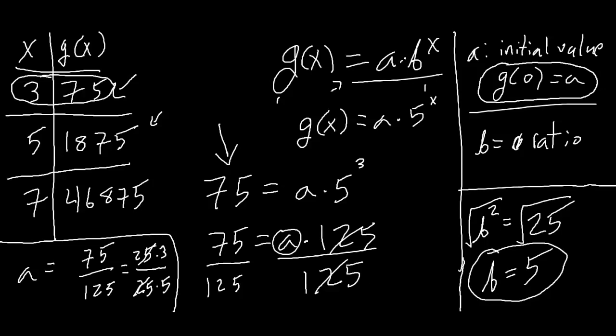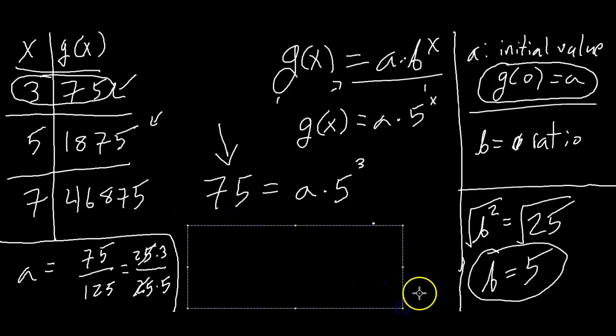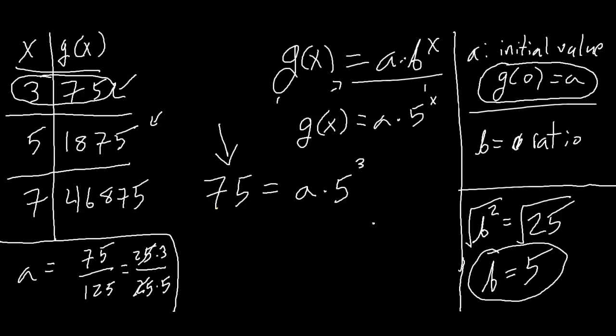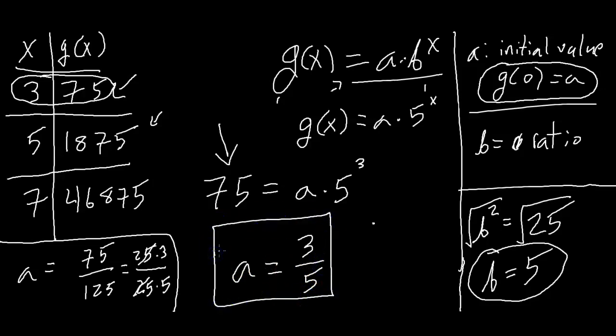And let me make some room. And we can know that a is equal to 3 over 5, because 75 divided by 125, if we cancel out a factor of 25 from the numerator and the denominator, we get 3 over 5.